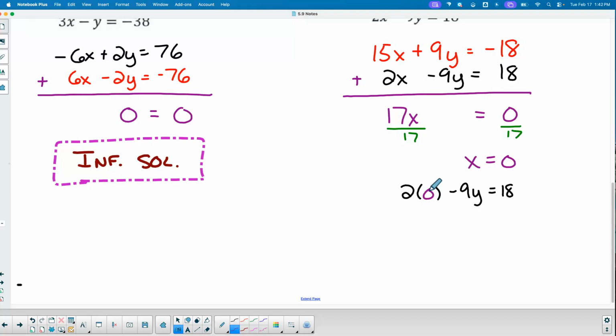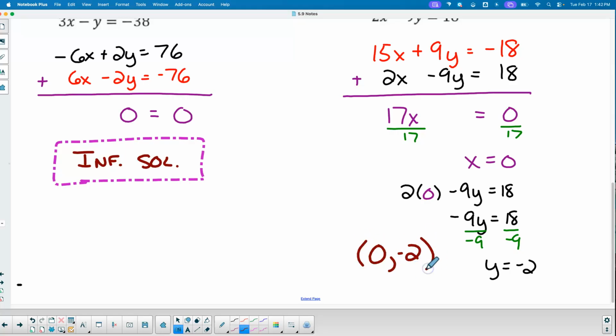Two times 0, so then this just becomes negative 9y equals 18. Divide by negative 9. And I get y here is negative 2. So my final answer then there would be the point 0, comma, negative 2.